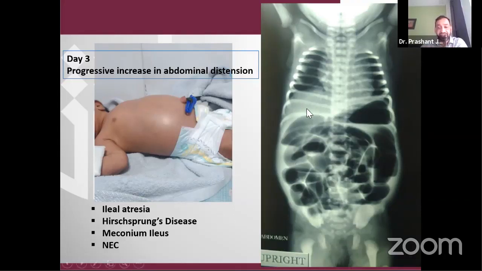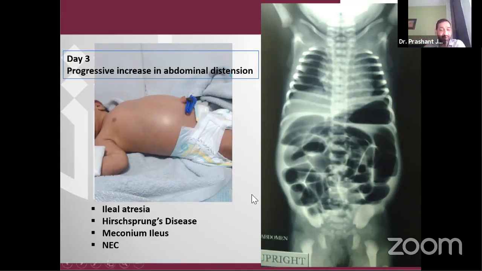Although if the dilatation is limited to the periphery, then probably you can think that this could be a large bowel dilatation. But as you can see in this picture, there is a lot of dilatation in the bowel loops, but we cannot make out whether this is only small bowel or small bowel as well as large bowel.